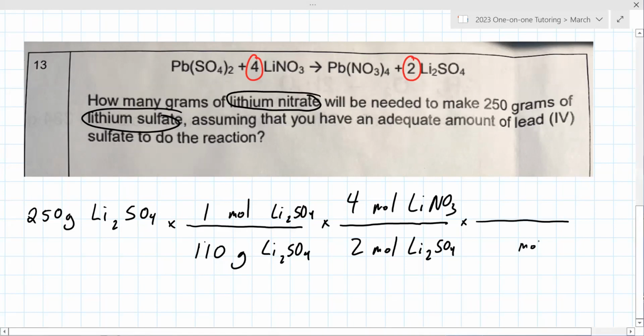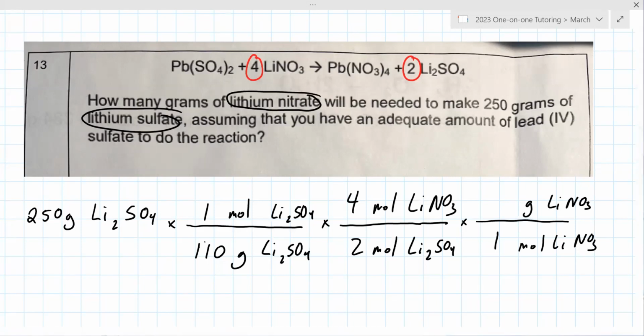So on the bottom right here is mole LiNO3. We want grams LiNO3. So this is where you're doing the molar mass. And to get the, how did we go from 4 mole LiNO3 to 1 mole LiNO3?